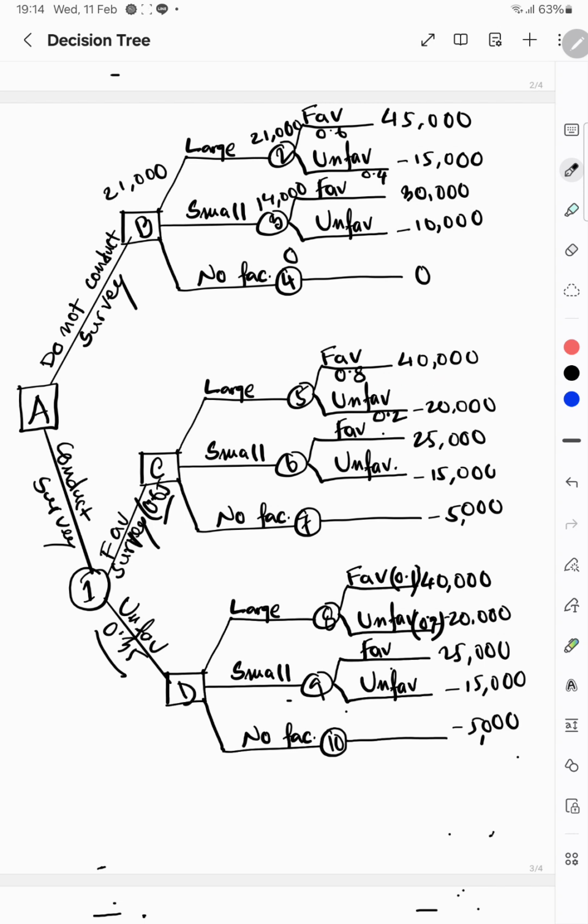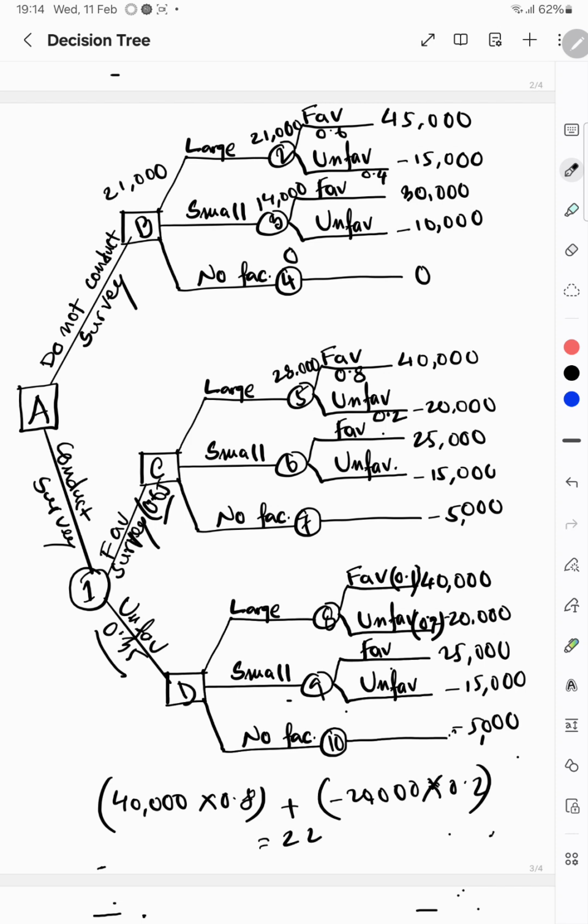So first this one will give us 28,000. 28,000 comes from 40,000 times 0.8 plus minus 20,000 times 0.2. So this is how we got 28,000.